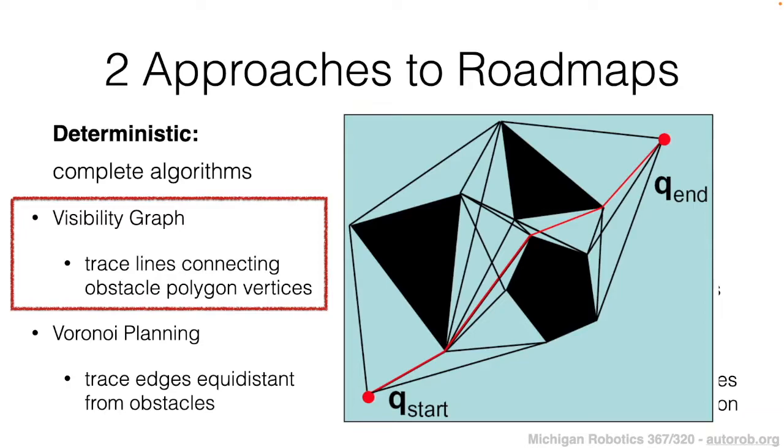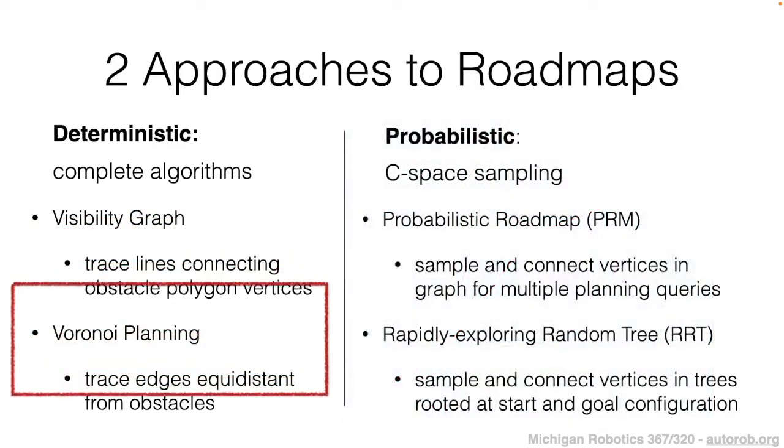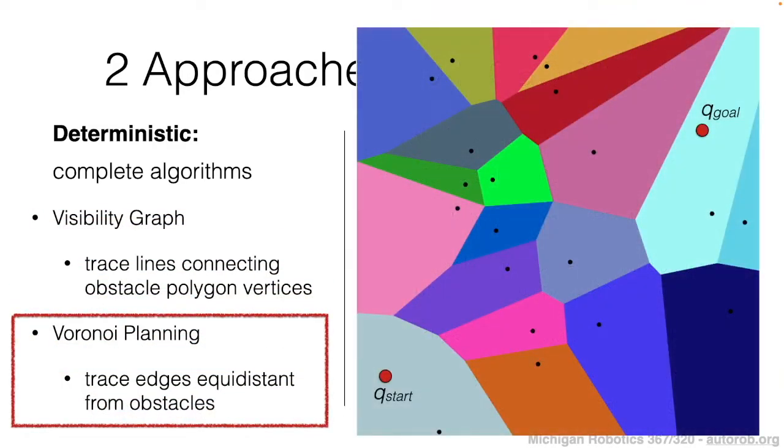Another deterministic approach to creating these roadmaps is what's referred to as Voronoi planning. So Voronoi planning is based on this notion of a Voronoi diagram, which is what's illustrated on the right-hand side of this slide. So within this Voronoi diagram, what we are using it for is to represent essentially portions of the space that are equidistant to a specific obstacle.